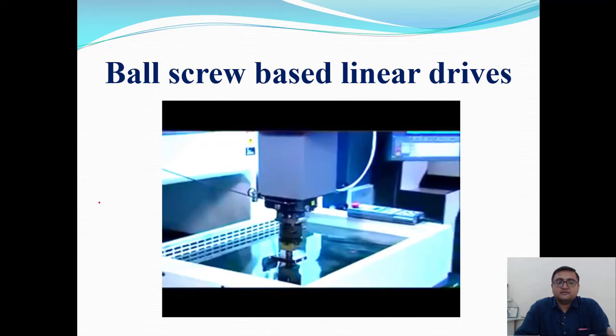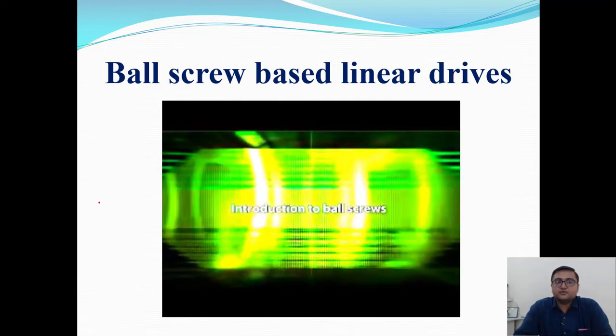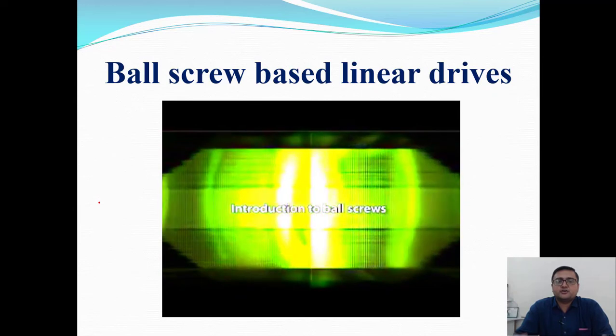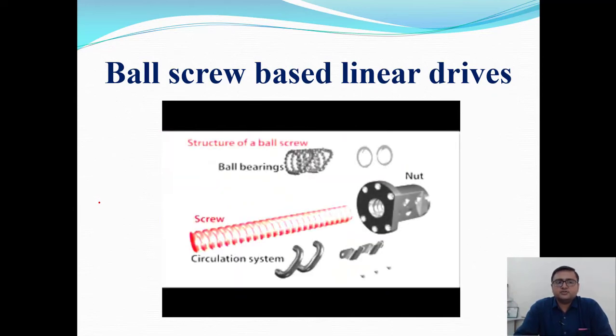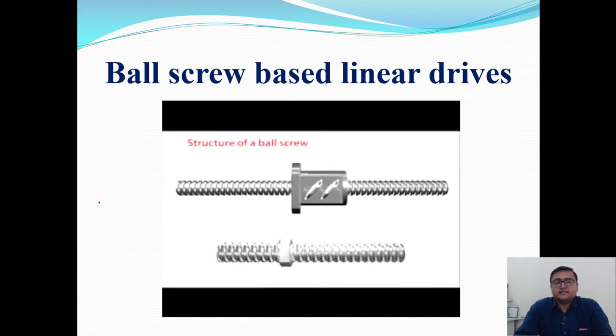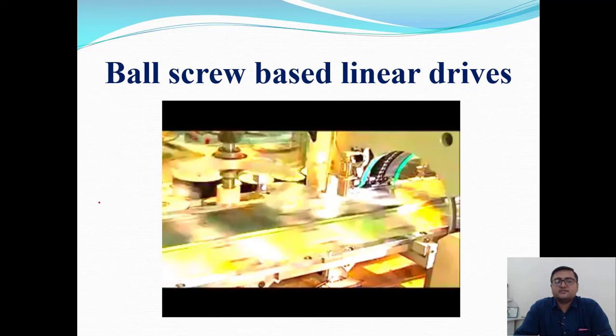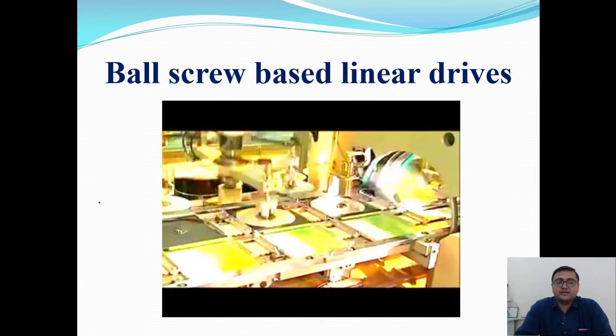Again, cheap manufacturing devices also use the ball screw mechanism for positioning control or positioning accuracy. The ball screw is provided with a screw, nut, circulation system, and screw balls. See, the nut mechanism and the screw ball mechanism basically have the same features or the same kind of movement.